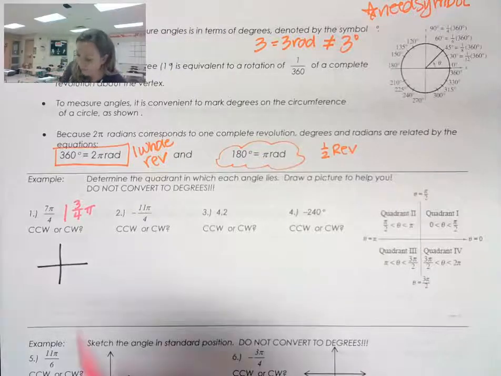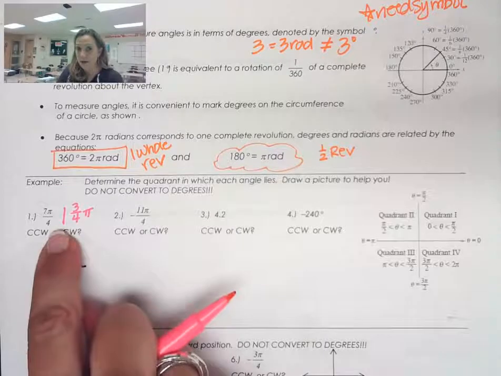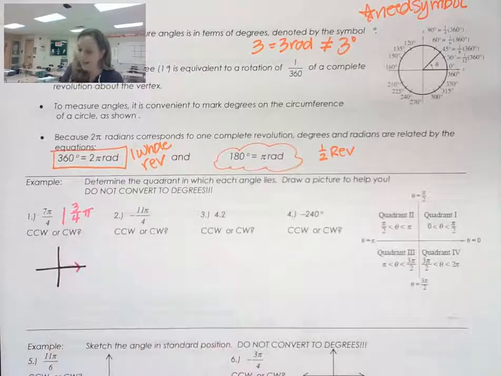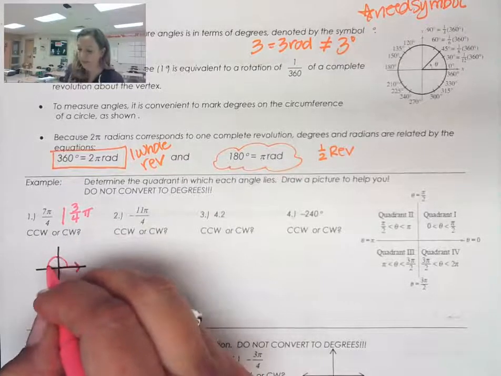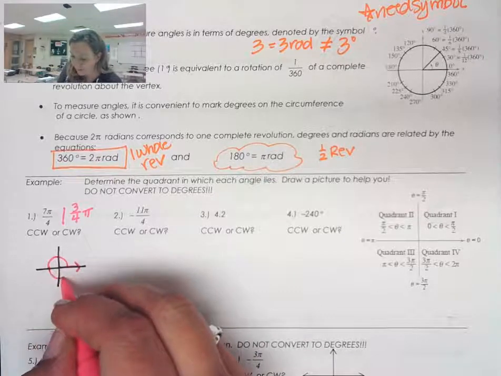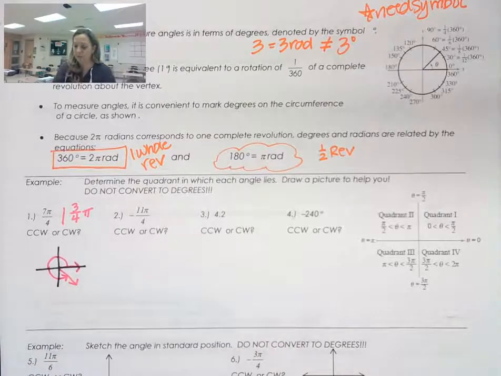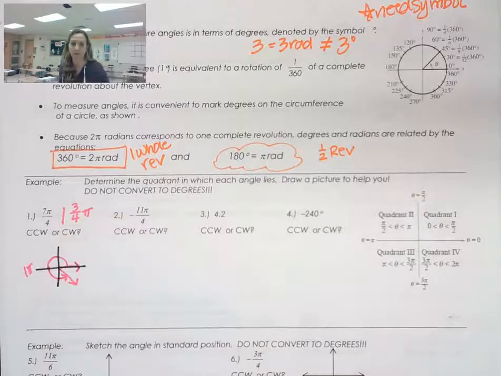So I'll draw my initial side, okay? And I want to go 1 pi. Remember, 1 pi is just here. So I'm going to go 1 3/4 of the way around. So that's how we would have 1 3/4 pi.